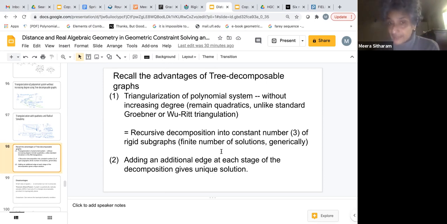Here, the dimension is fixed, right? And this one extra edge business is the same for any dimension. We fix the dimension at that dimension. In 3D, a composable step will involve typically d+1 distances, in this case 3 distances, and the unique solution would then involve one more distance, so d+2 distances.